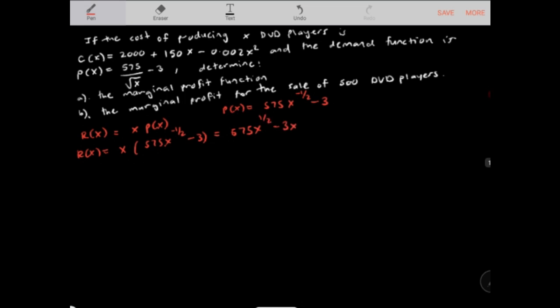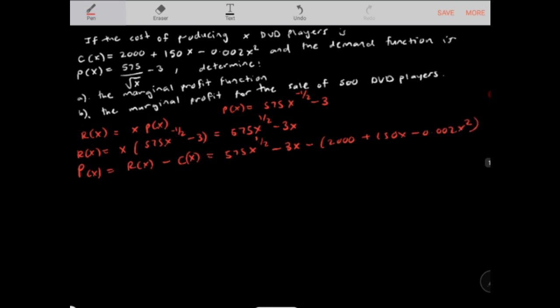Okay, so this is our revenue function, and the profit function, we'll use capital P of x, doesn't help that I'm using P of x for the demand function, is basically equal to our revenue function minus the cost function, which is 575 x to the power 1/2 minus 3x minus (2000 plus 150x minus 0.002x squared).